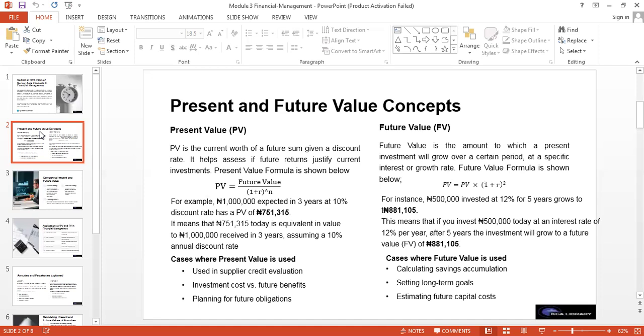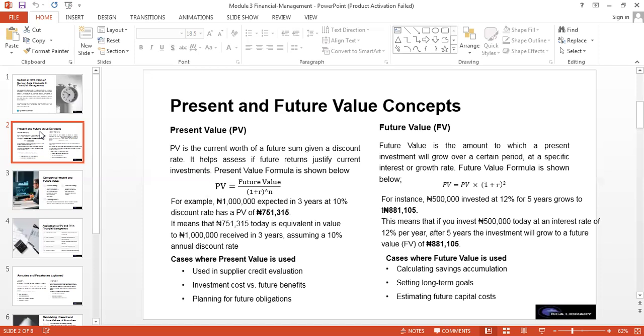For future value, it is the amount to which a present investment will grow over a certain period at a specific interest or growth rate. For instance, where there is 500,000 invested at 12% for 5 years, the growth will be 881,105 naira.